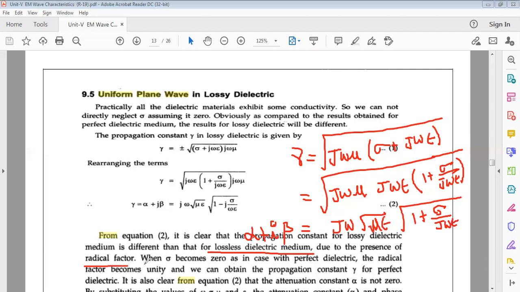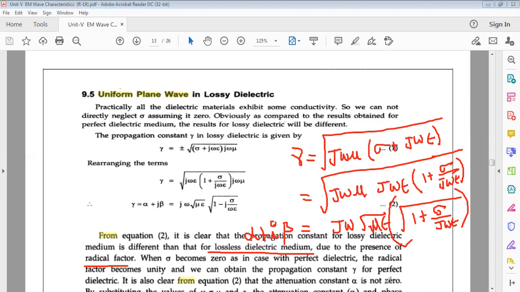For a perfect, lossless dielectric, the radical factor becomes unity, and we obtain the propagation constant gamma for a perfect dielectric.